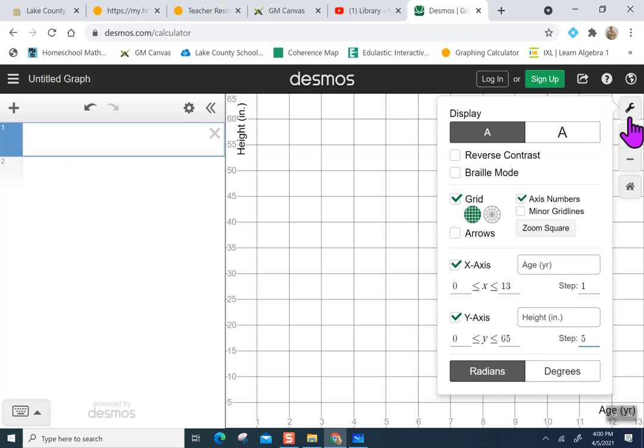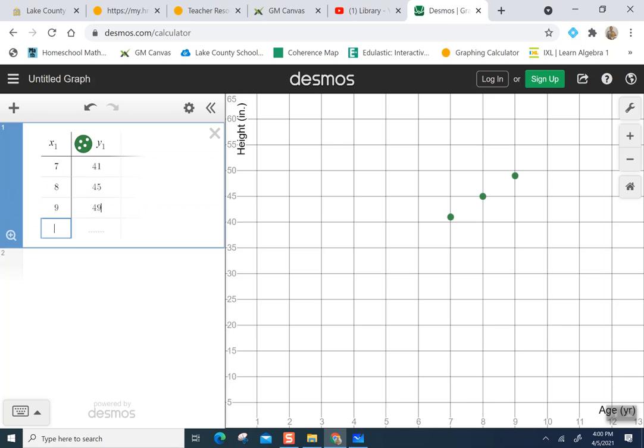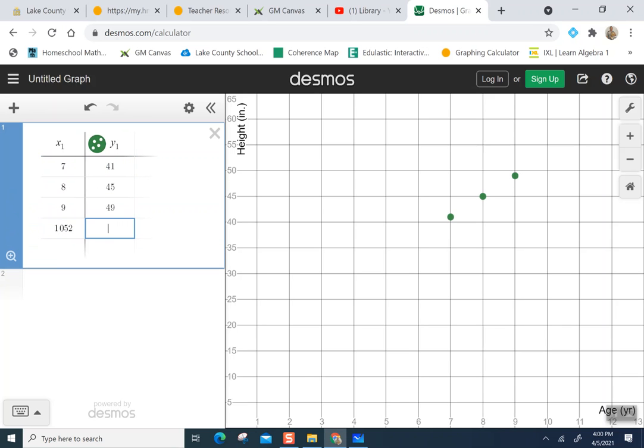And when you're done, hit the monkey wrench again, and now you're going to see it should look almost identical. So since we have a bunch of ordered pairs, we're just going to grab one table and plug in all of our ordered pairs. So 7, 41, 8, 45, 9, 49, 10, 52, 10, 53, 11, 55.